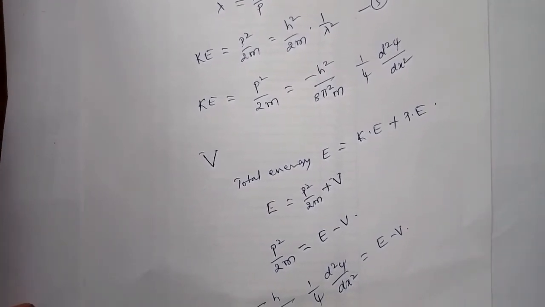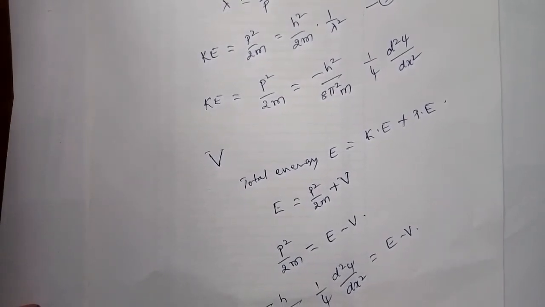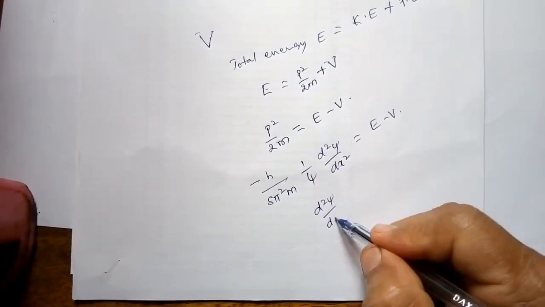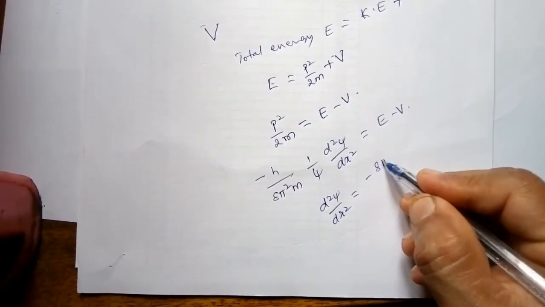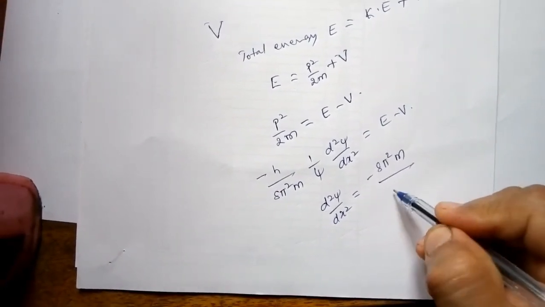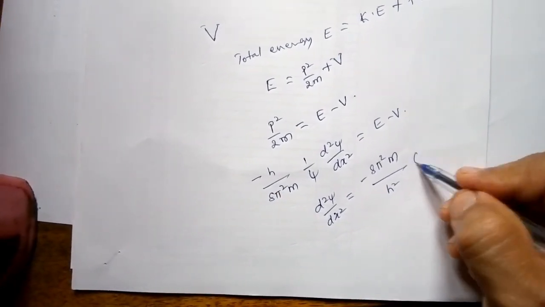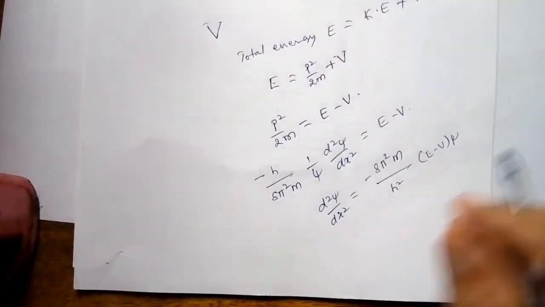Just rearranging the terms, we get d square psi by dx square is equal to minus 8 pi square m divided by h square, into E minus V, psi.